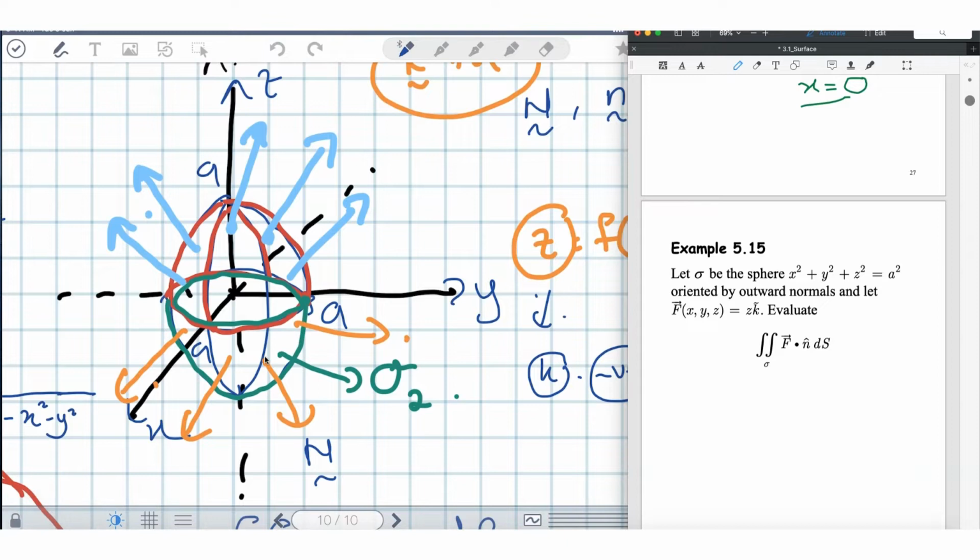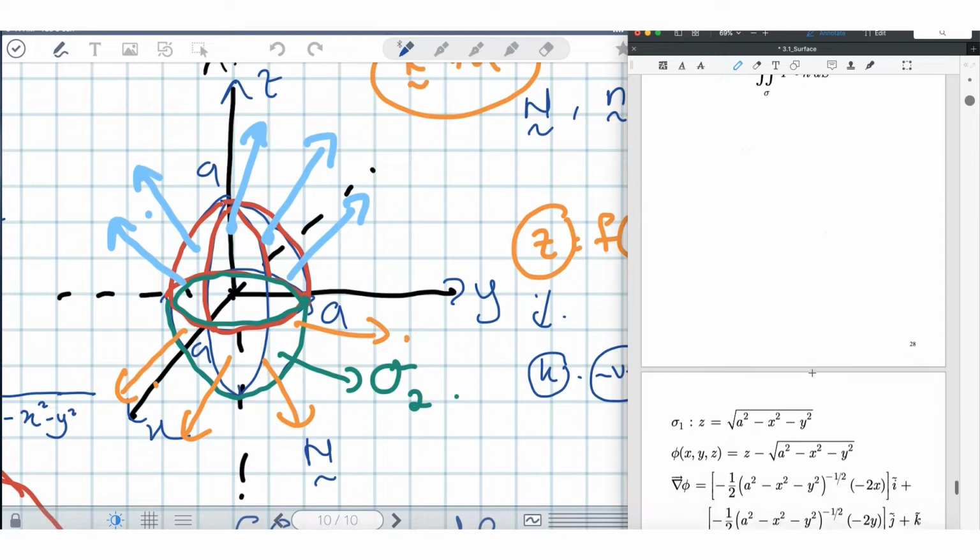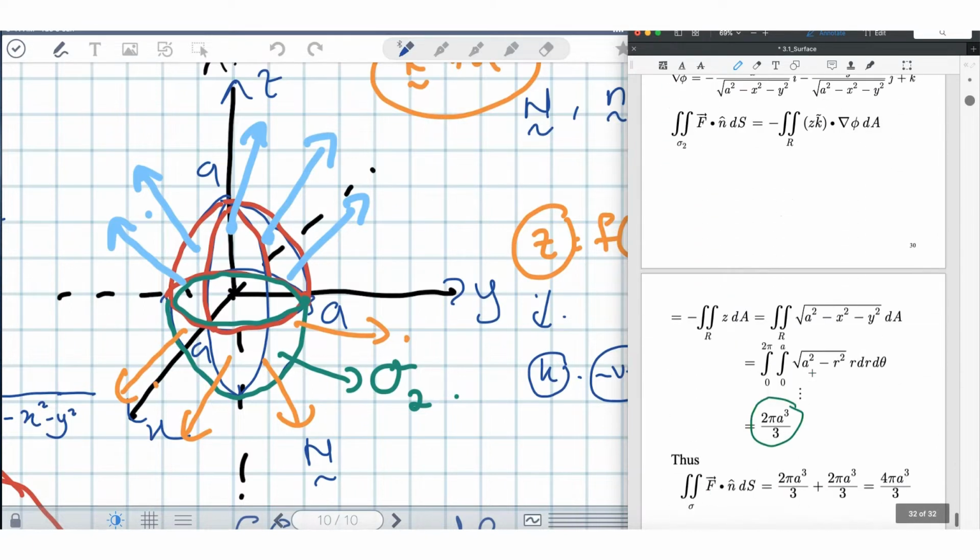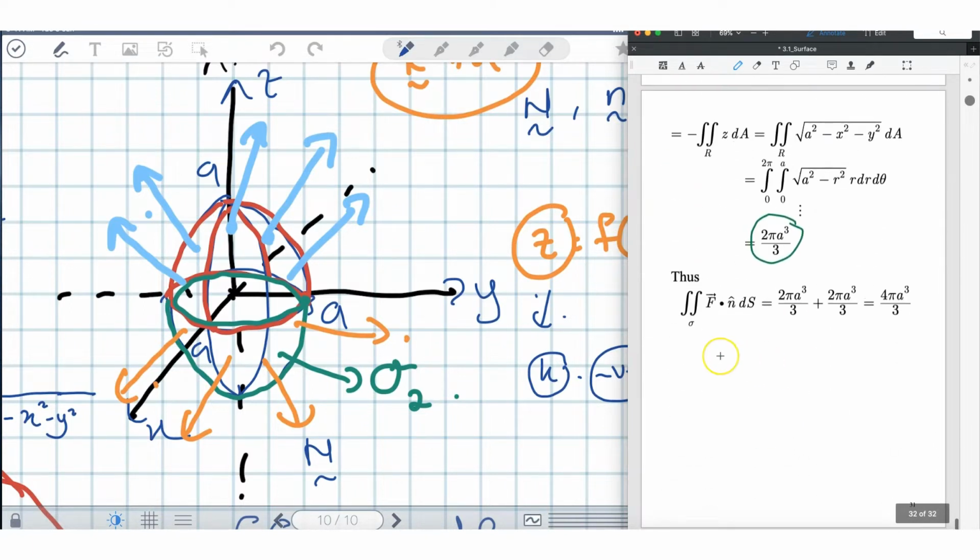So for a closed surface, you can simplify your calculation for the surface integral using a specific theorem, called the Gauss theorem. I will show you in the next video, and we will use new notes about the Gauss theorem.